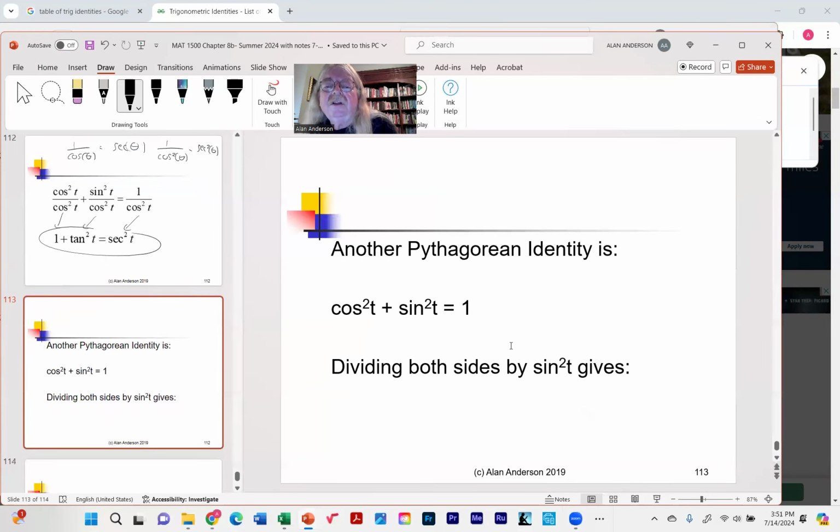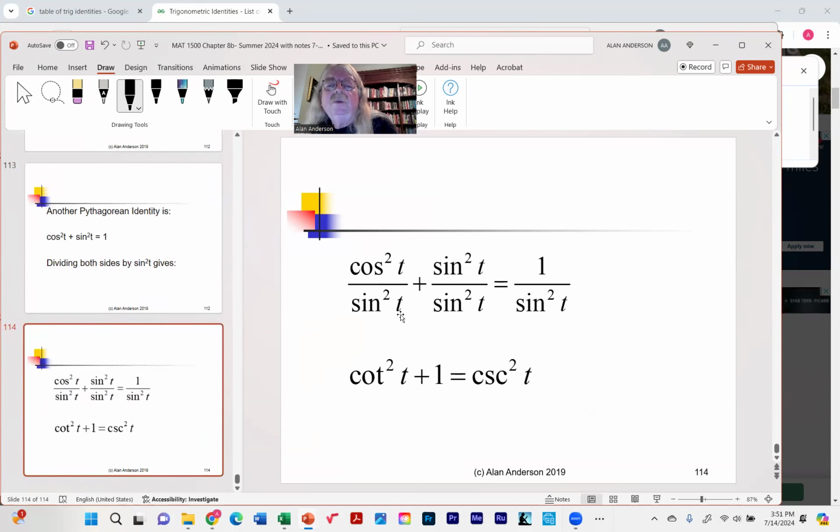Anyway, there's another one. Now, if we take the same starting point, the Pythagorean identity, and divide both sides by the sine squared of t, now this time, look what it reduces to. Cotangent squared plus 1 equals cosecant squared of t. So, you'll use this only when it's really helpful.